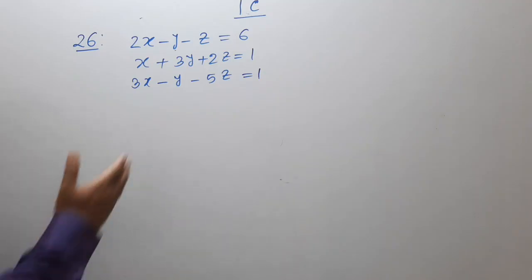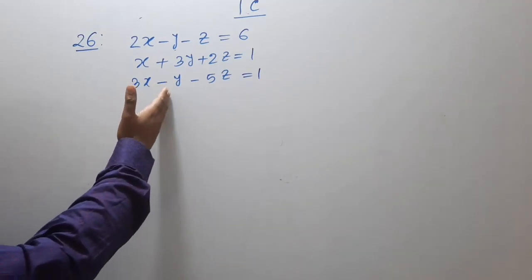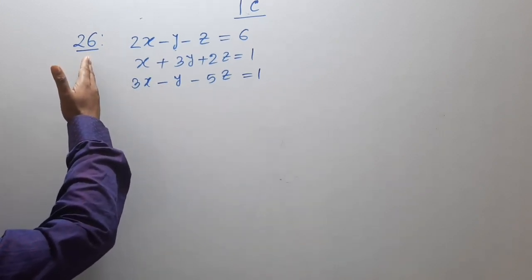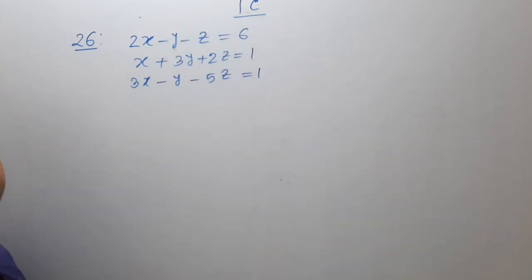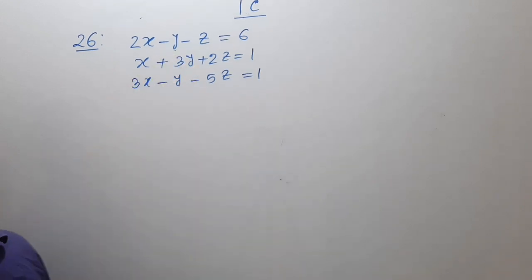Now, an example of a system of linear equations with 3 variables: question number 26 of exercise 1c. At first, for this solution, we want to create a determinant D, which is created by the coefficients of x, y, z.